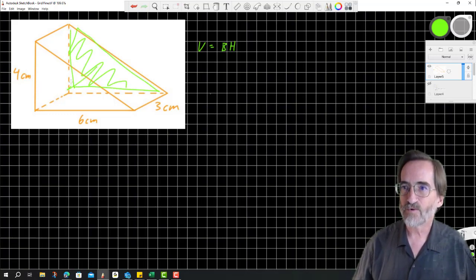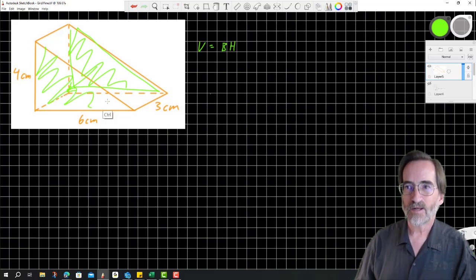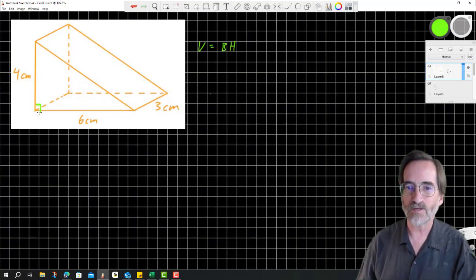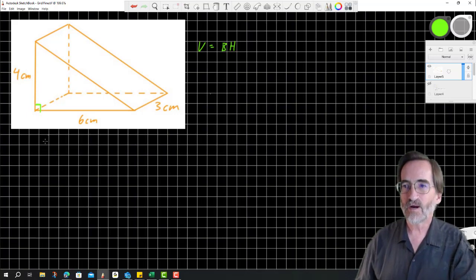pulled through space. So there are 2 of them, and it's pulled through space. The base is this triangle, and the triangle appears to be a right triangle, and we're going to take that assumption. The area of the base is 1/2 the base of the triangle times the height.